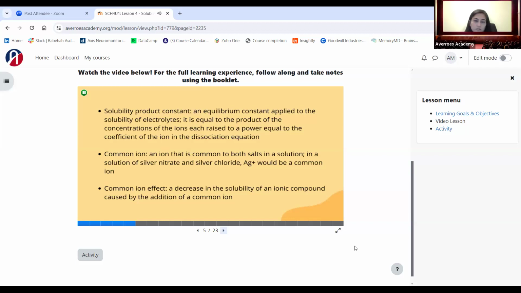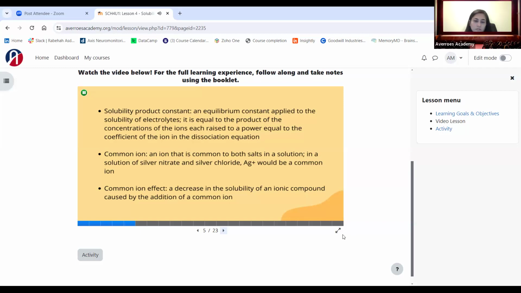We often call that the solubility product constant, symbolized as KSP, K subscript SP. So the solubility product constant is an equilibrium constant applied to the solubility of electrolytes. It's equal to the product of the concentrations of the ions raised to the power of whatever the coefficients are in the balanced chemical equation.